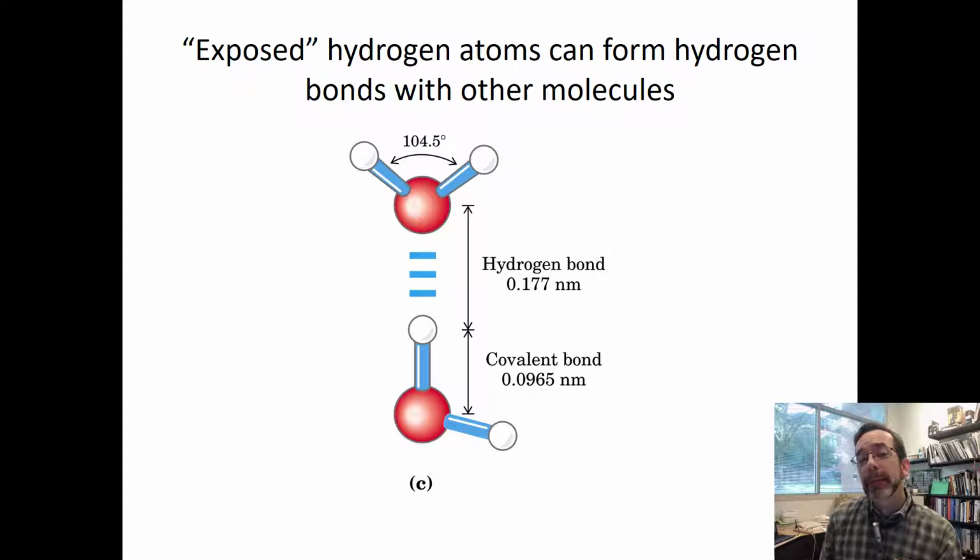Now the thing about those magnets is that they can interact with each other. You can have one magnet sticking to another magnet, right? And so the hydrogen atoms that are bound to the oxygen can actually have positive charge with them, and you can have the positive end of one water interacting with the negative end of another water.